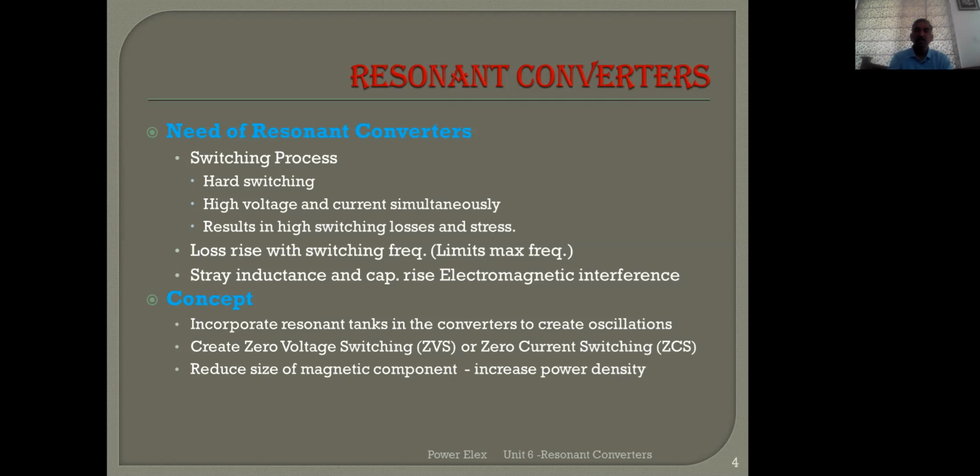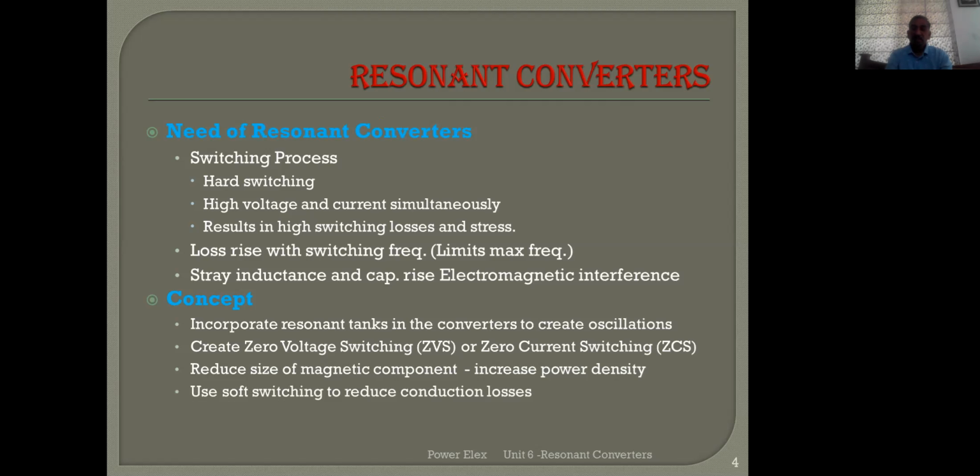Naturally, it reduces electromagnetic interference as well as the need for magnetic components. Typically the inductors, their sizes, are reduced because their values are less. So the power density of the circuit, the ratio of the power of the circuit to the size of the circuit, is good.